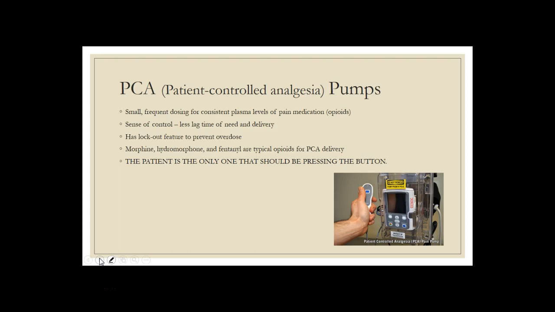What is very important in terms of education, if you have a patient who has family around with a PCA, is that the patient is the only one that should be pressing the button. Hence the name patient-controlled, not spouse-controlled, mom-controlled. It is the patient.